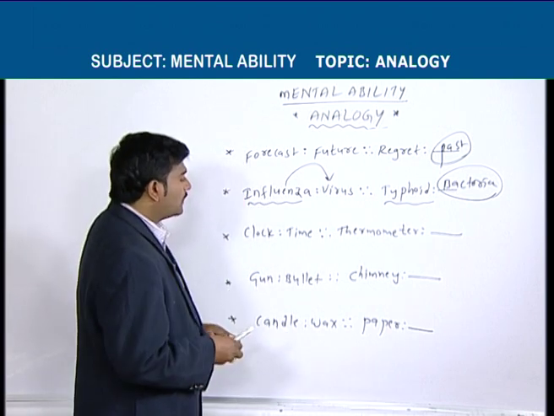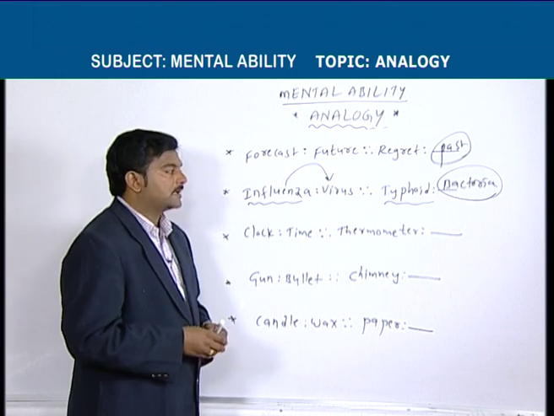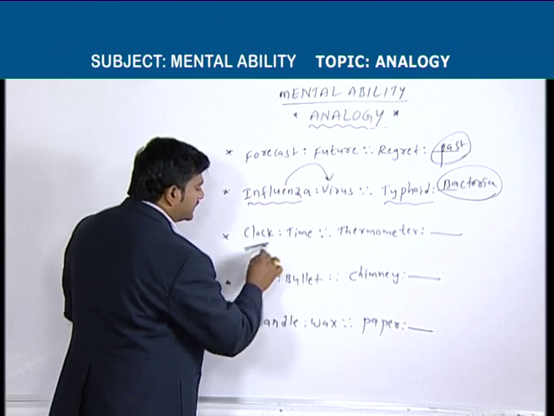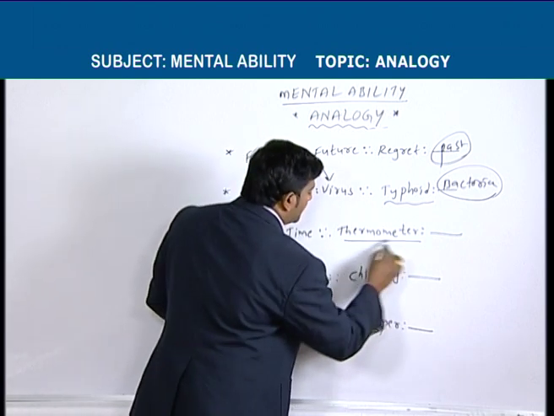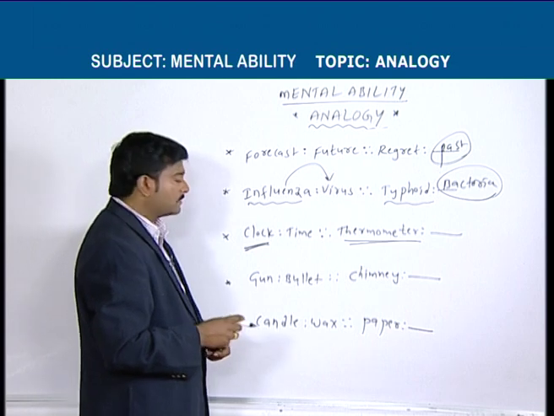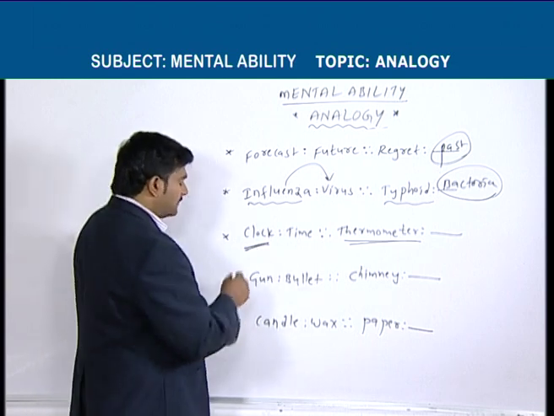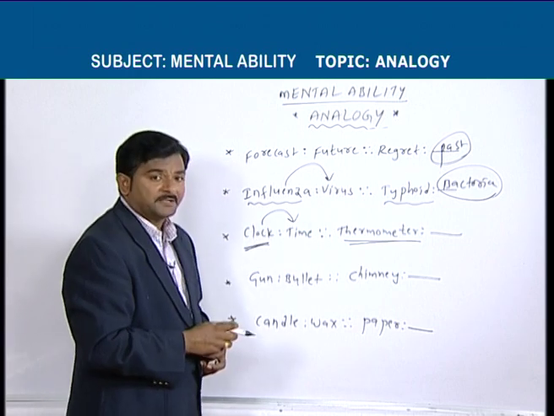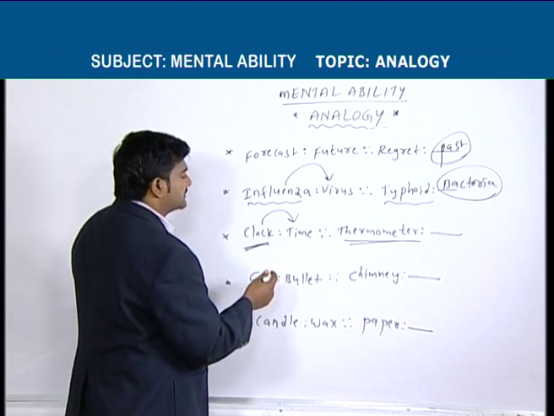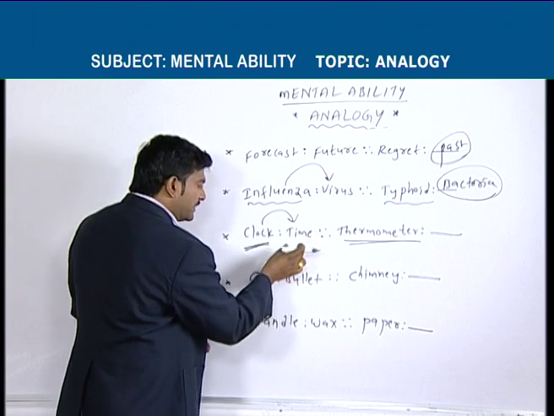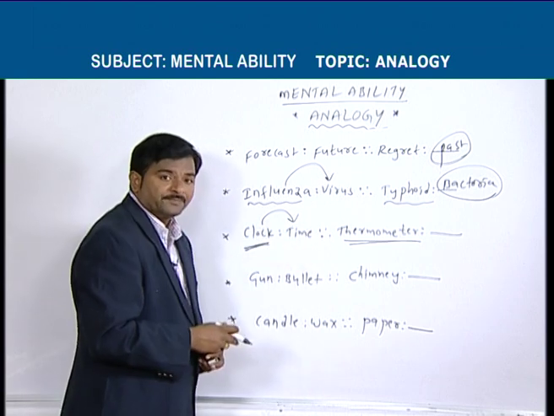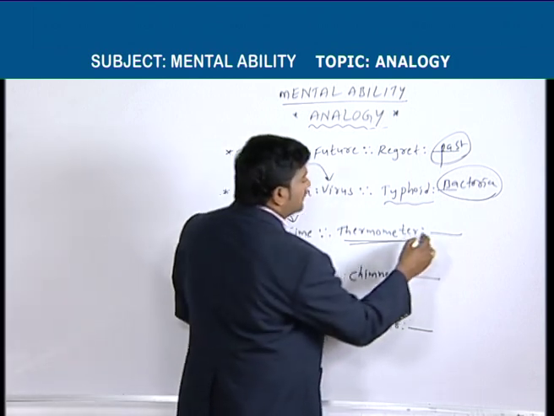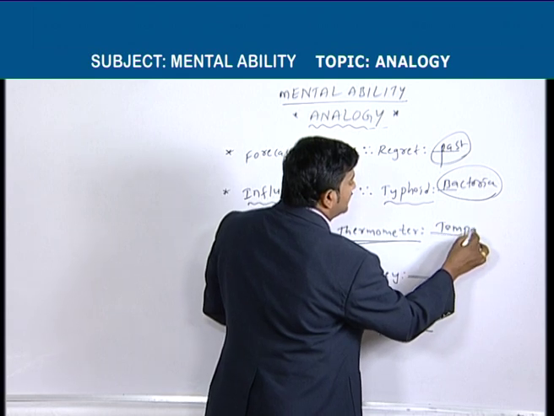See, observe here: clock is to time as thermometer is to dash. One thing is clear: clock is a kind of machine. Similarly, thermometer is a kind of machine. What is the use of this clock? With a clock we can find out the time, or in reverse, time can be measured by using a clock. Similarly, thermometer is used to measure the temperature.